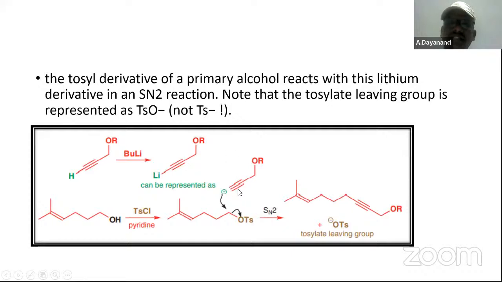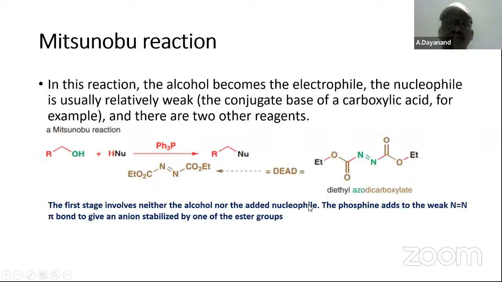Why? Because it is alkyl lithium. It is nothing but a lithium alkyne derivative salt. Okay, if you remove this anion, this anion is going to attack on this carbon, and finally this compound is formed. This is an Sn2 reaction.